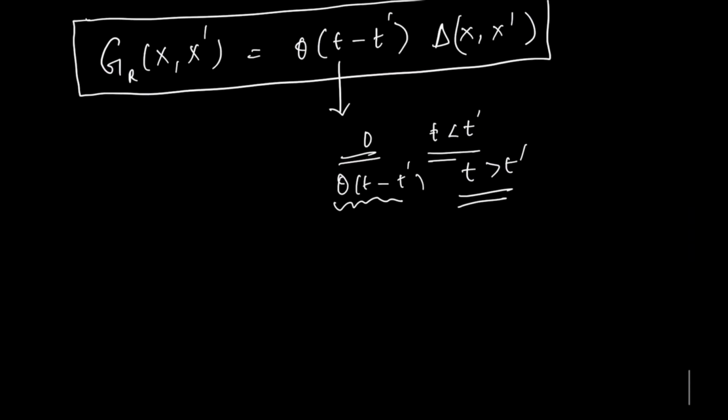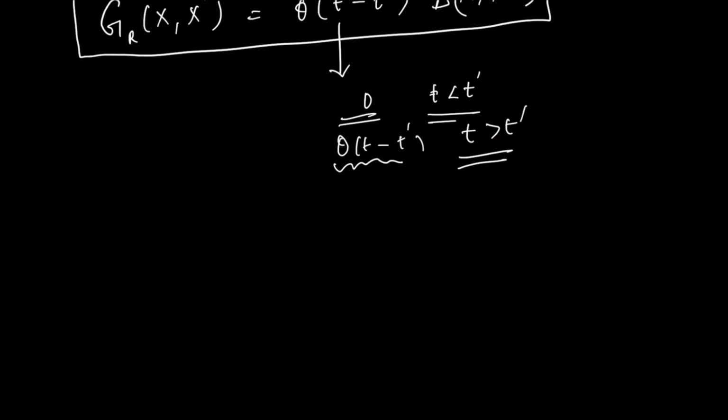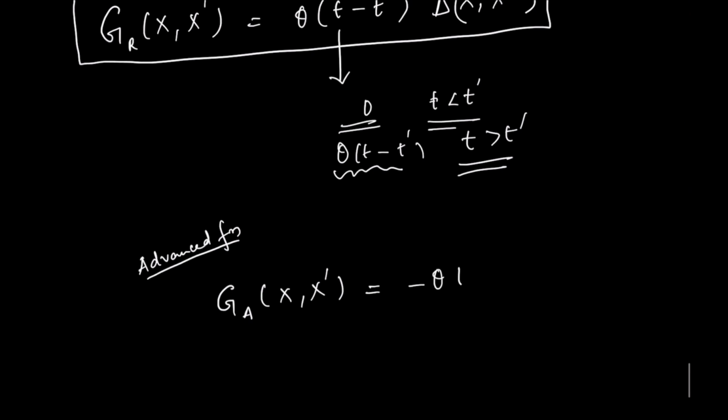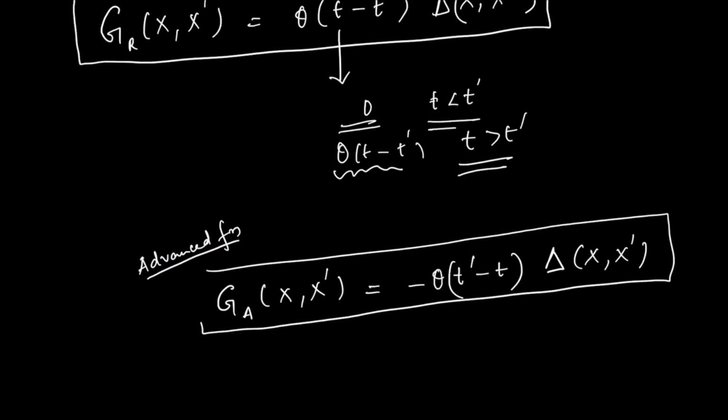And next we can define the advanced function, which is represented by GA of x, x prime. Okay, this is the advanced function. So here the difference is that you have a minus theta of t prime minus t, then this part is as usual. The spatial part is as usual. This is the advanced function.